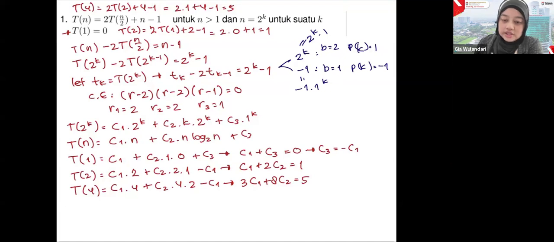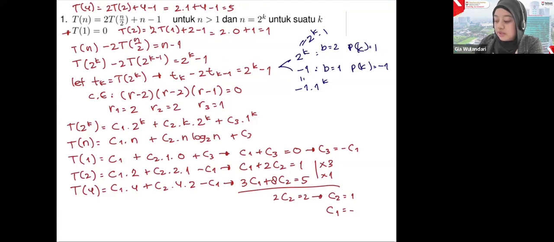And by using elimination and substitution, here we multiply it by 3, and then below we multiply it by 1, and we subtract the below to the above. Then we will have 2C2 is equal to 2, which means C2 is equal to 1, which means by substitution we have C1 must be equal to minus 1, which means C3 will be equals to 1.